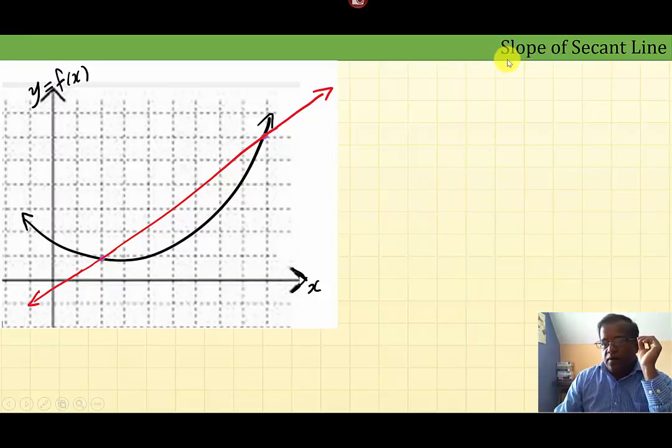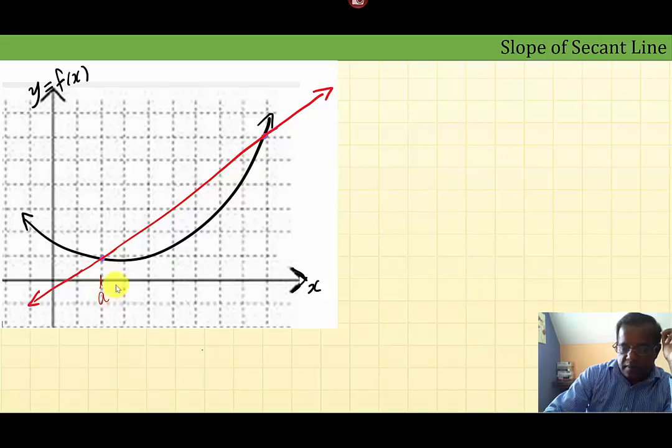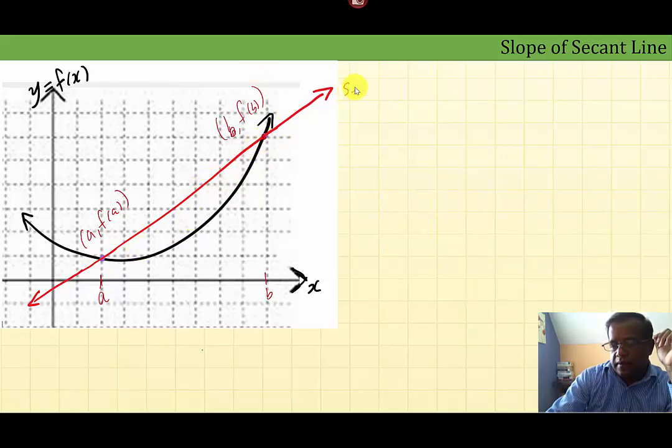Now let's see how to find the slope of the secant line. The line joining the 2 points (a, f(a)) and (b, f(b)) on the curve is called the secant line.